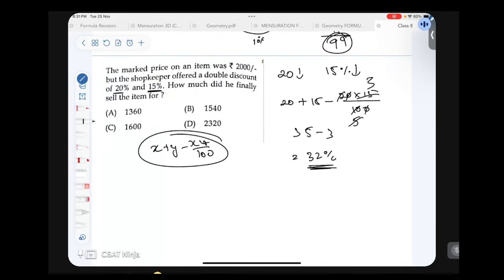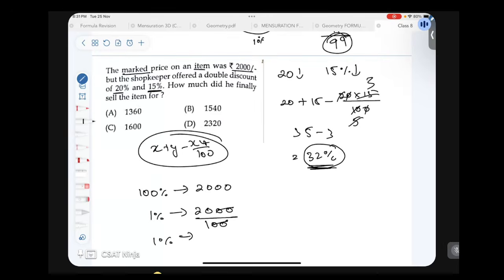How much did he finally sell the item for? So if there is a discount of 32%, the marked price of the item was this one. Can I write like this? Marked price 100% is 2000, and 1% will be how much? 2000 divided by 100, so 1% will be 20. 1% is nothing but 20.